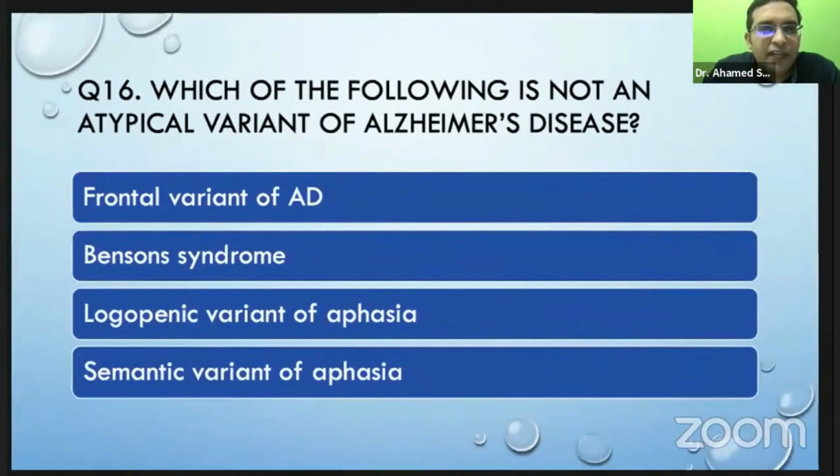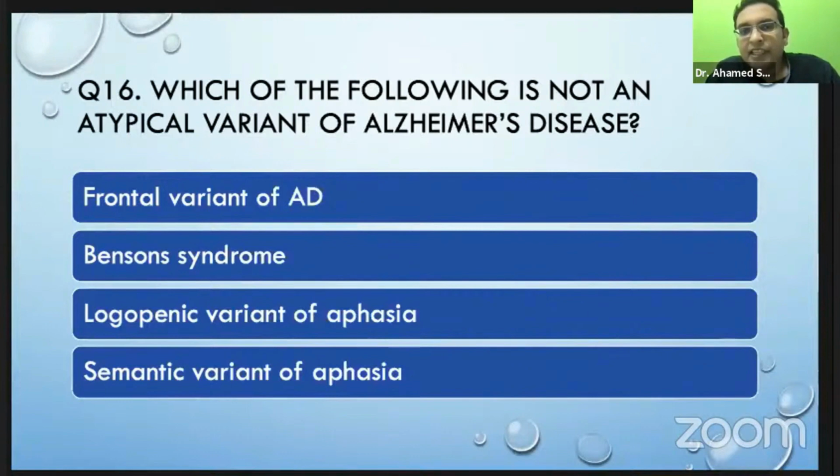Which of the following is not an atypical variant of Alzheimer's disease? We have seen that there is a typical variant of Alzheimer's disease in which the disease spreads from the temporal lobe to inferior frontal, then the parietal, then to the dorsolateral prefrontal, and the occipital lobe gets affected last.